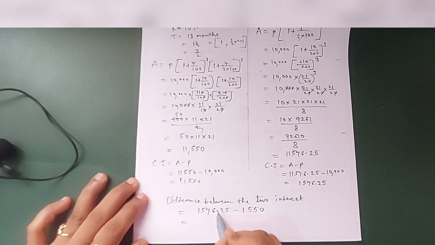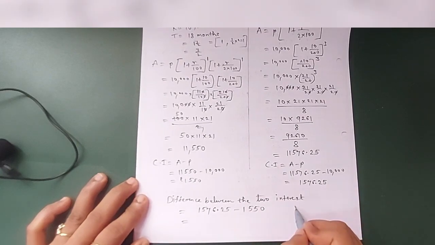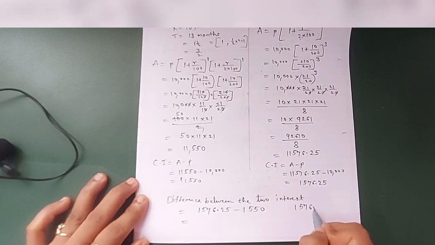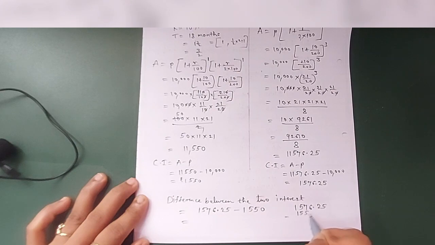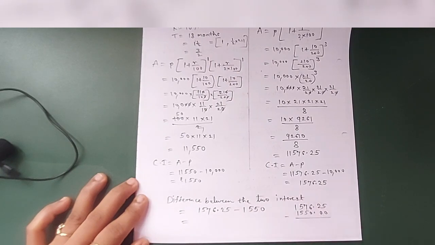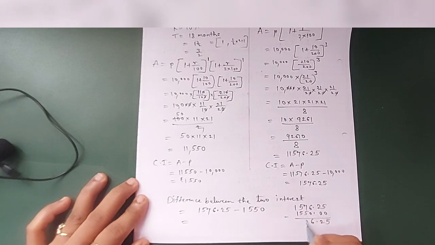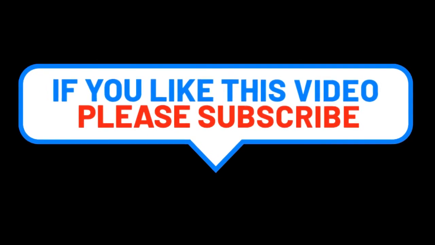You must know, see here, because decimal point is there, you must know how to place it. 1,576.25 minus, this is the whole number, so it will come here, and like this you have to place, and you have to do the subtraction. 5 minus 0, 5, 2 minus 0, 2, decimal point below, that's decimal point. 6 minus 0, 6, 7 minus 5, 2, 5 minus 5, 0, 1 minus 1, 0. So 26.25 is the difference between the interests. I hope you understood this.